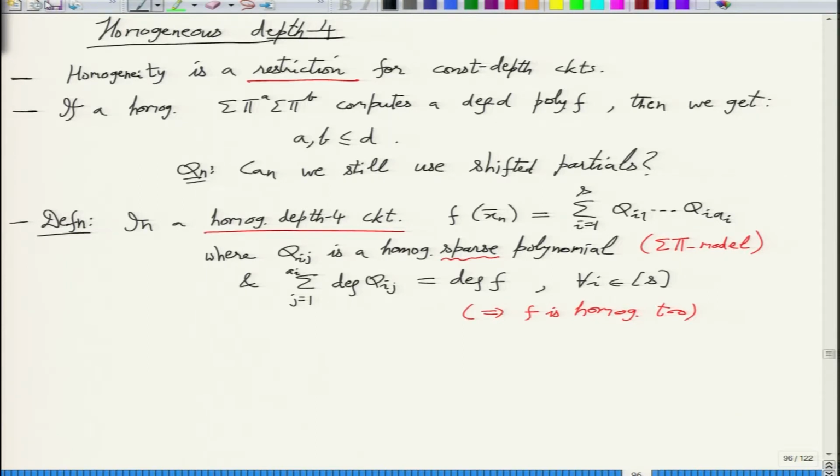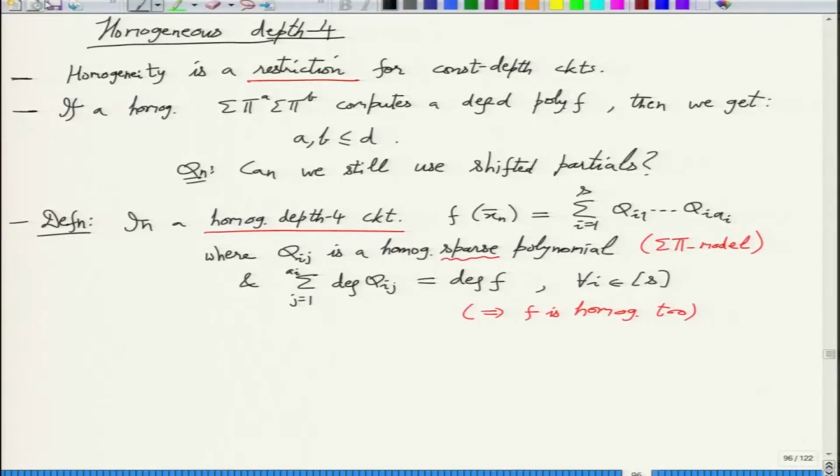So those are the things in the definition, and since we don't have anything about A and B, in general in depth 4 A and B could have been arbitrarily large, so at least that has been restricted.